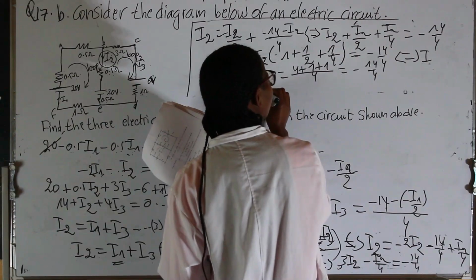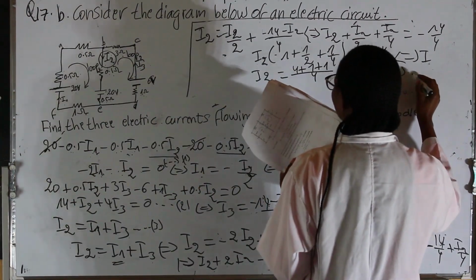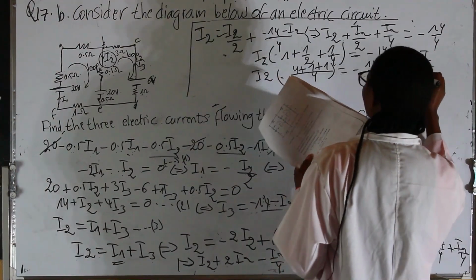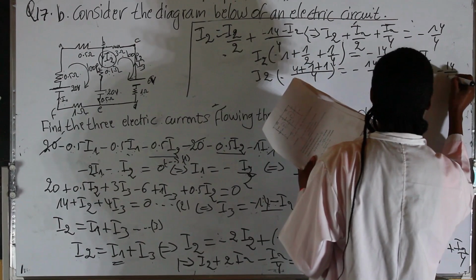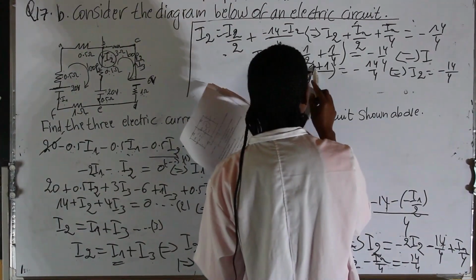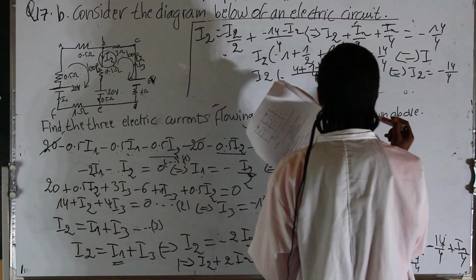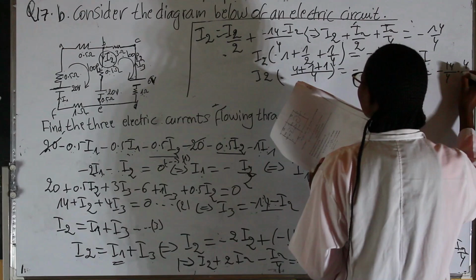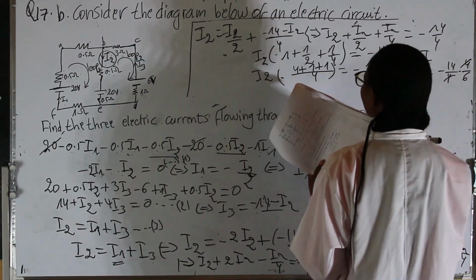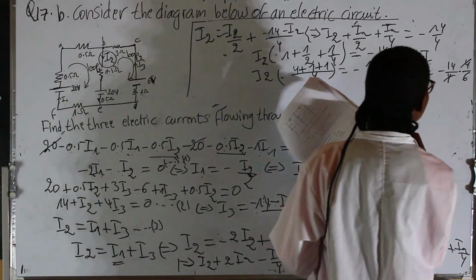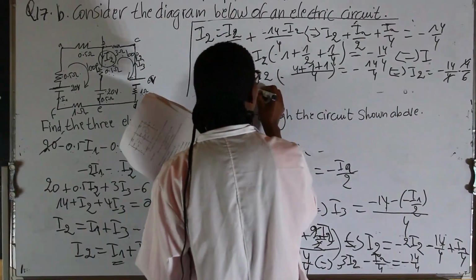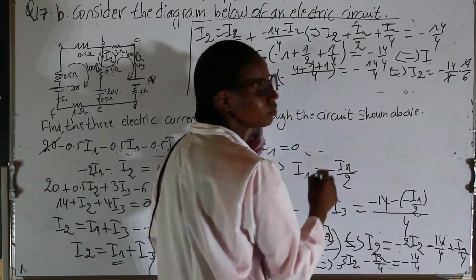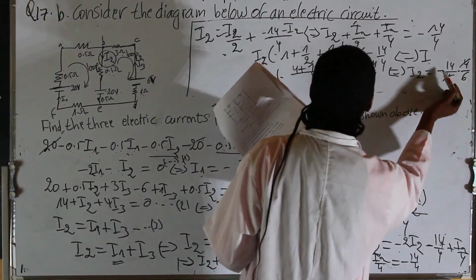Then we have I2, which is equal to minus 14 over 4, divided by 6 over 4, then multiply by 4 over 6. Then I2, by calculation, will be equal to minus 2 ampere, as here there is minus.